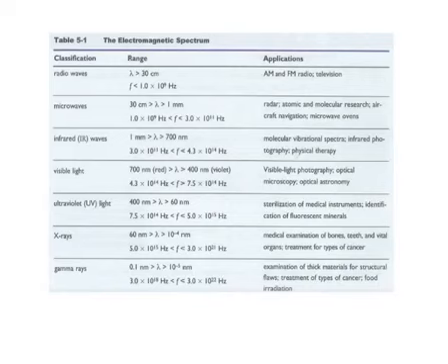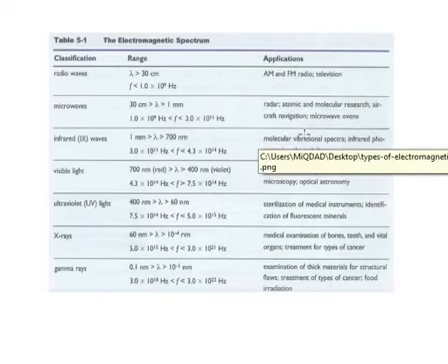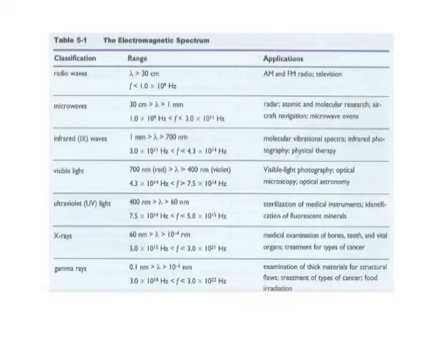The numbers in here are not very important, they're just for knowing, but you have to know one of the applications of each wave, and you have to know the names of the waves in order. You cannot change their places.